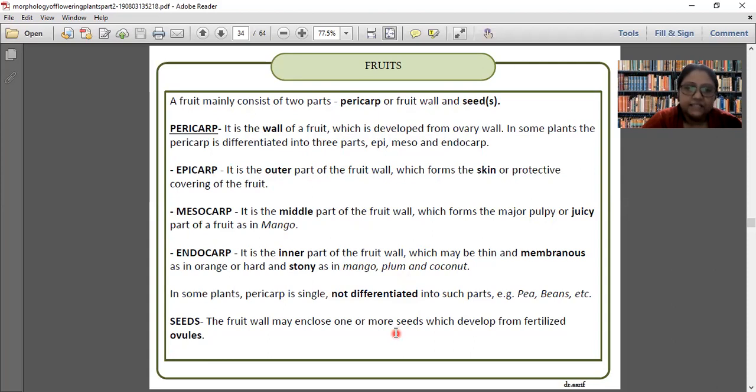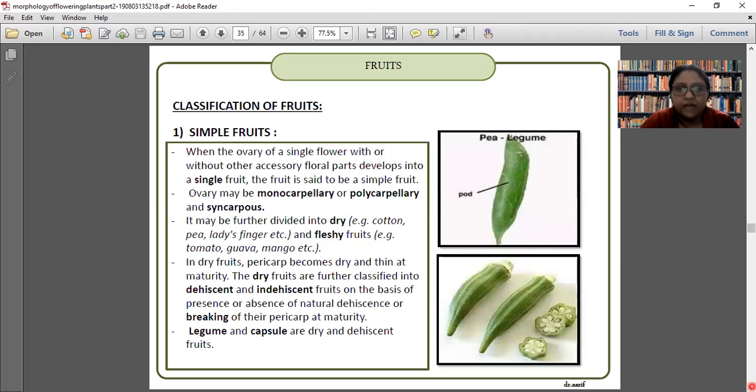Okay. So in some cases, this much differentiation of pericarp into epicarp, mesocarp, and endocarp may not be present. For example, pea plant may, या beans plant may, you cannot see this demarcation clearly. Okay. Inside pericarp, there is presence of seed. Okay. So now we will talk about classification of fruits.